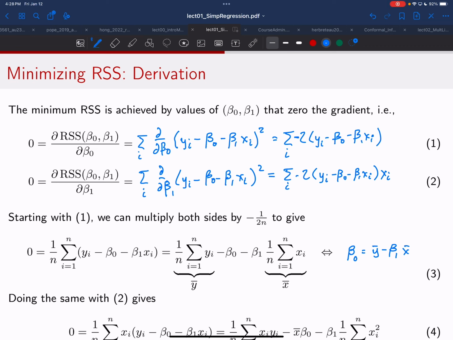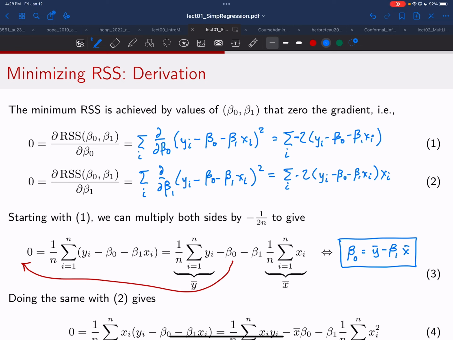Right? That's just from moving this to the other side. So we actually have recovered one of those two equations that we wrote on the previous page. So if you happen to know the optimal beta 1, then you can directly get the optimal beta 0 this way. We don't yet know the optimal beta 1, but that's what we'll work on next.